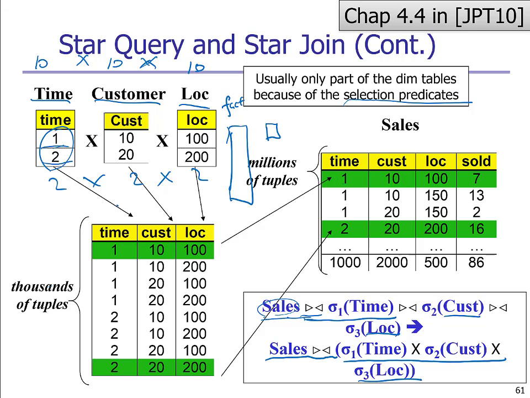Nowadays the page size has increased, but usually let's say we consider a page size of 4K bytes. Okay, so definitely millions of tuples cannot fit into one page. It has to be fit into several pages. However, thousands of tuples or even tens of tuples can fit into one page, right?